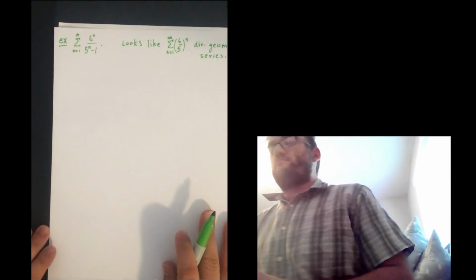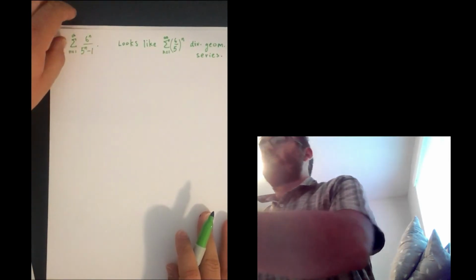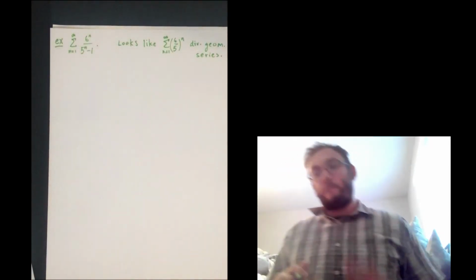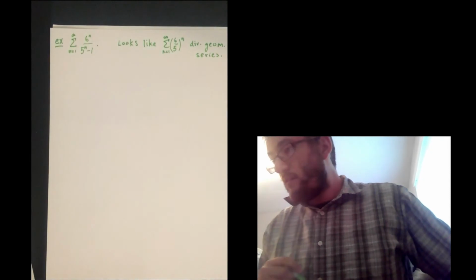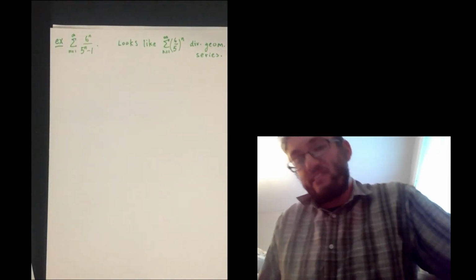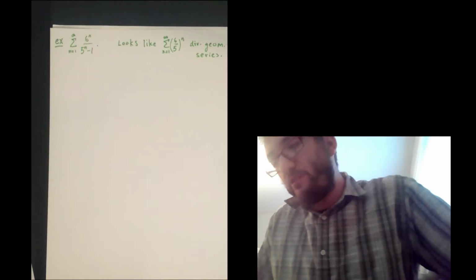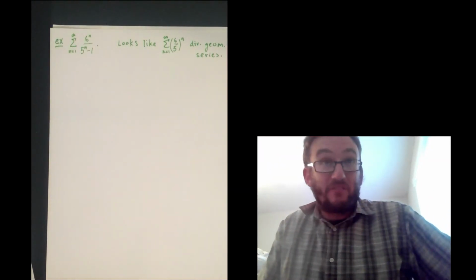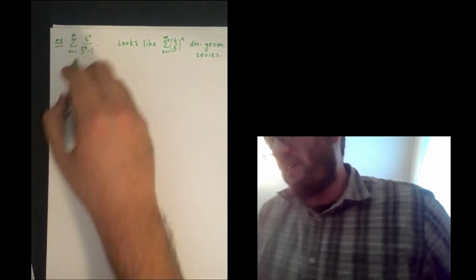But we have to deal with this 5 to the n minus 1, so we could try and make the comparison test work, but we could also use the limit comparison test.